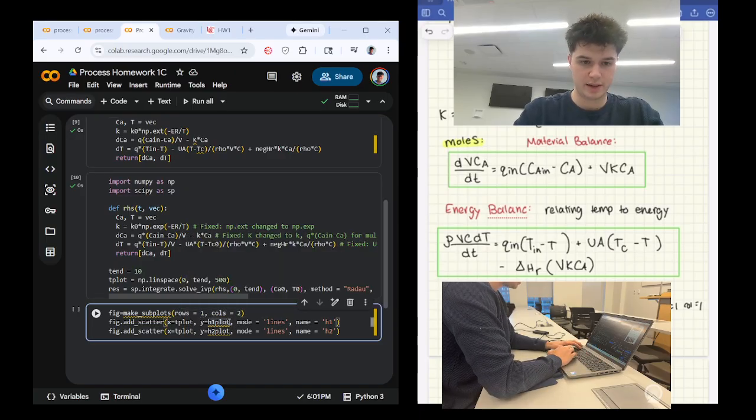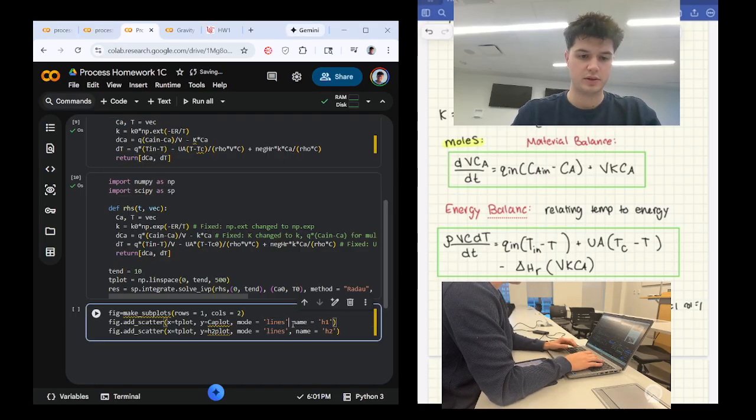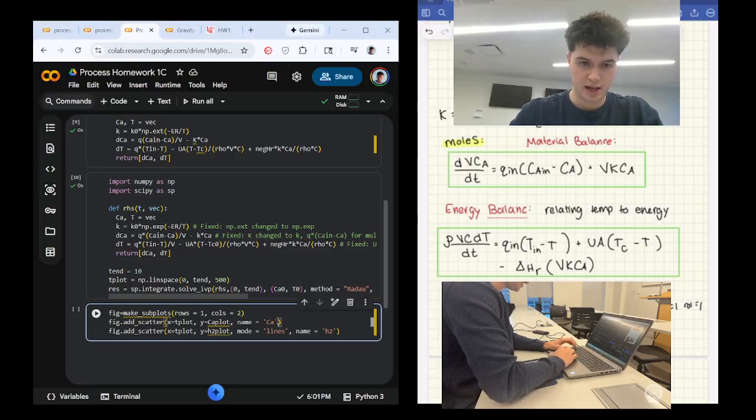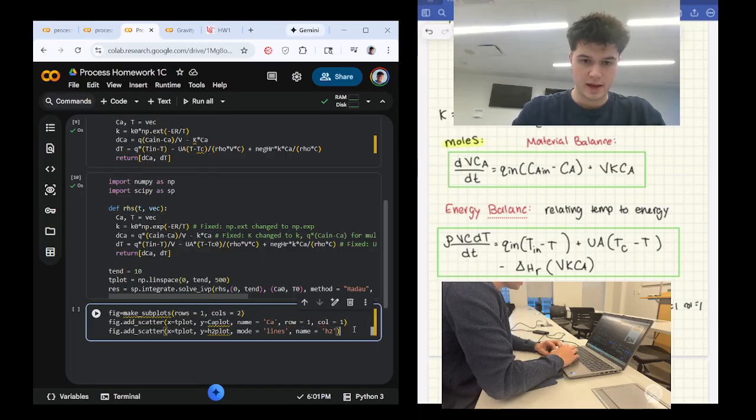Now also y this time is not going to obviously equal h1 because we're not worried about heights. This is going to equal CA plot. Mode, mode, one second. Okay, I was right. We don't need a mode here. We need name is going to be CA, and then row equals 1, column equals 1.